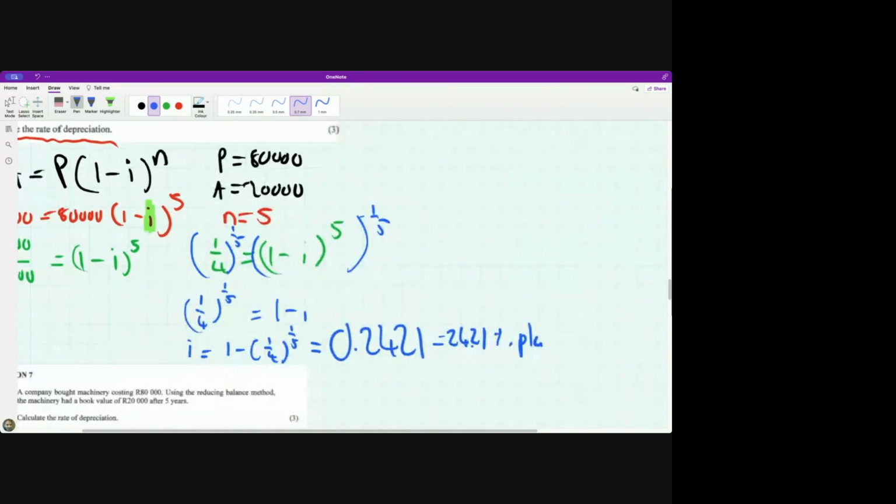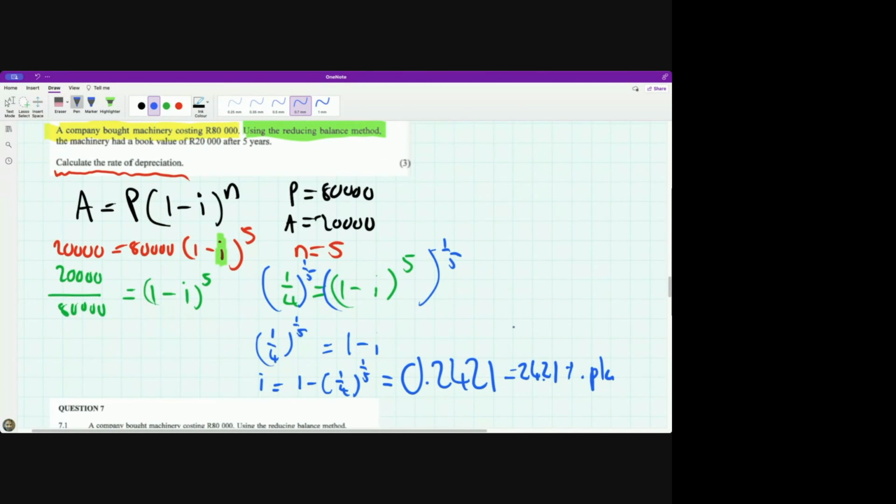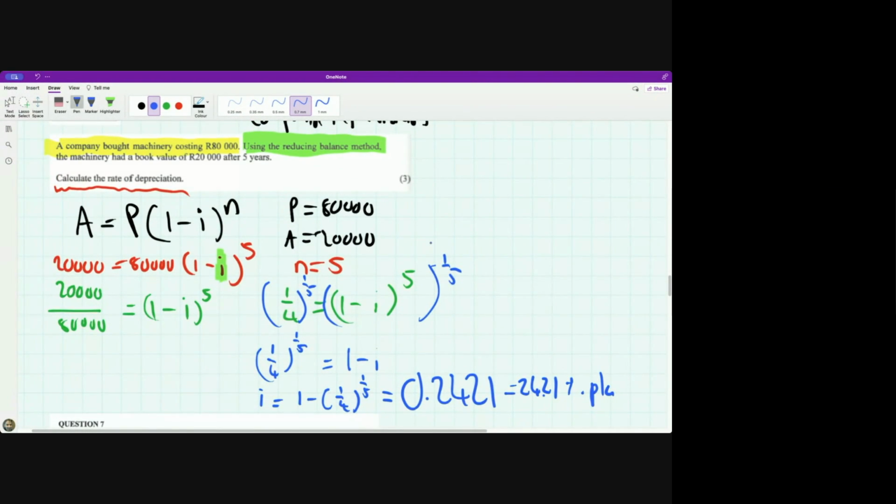Now, what that means, because it's depreciation, is I'm losing 24.21% of value for every year that goes past. Give me a thumbs up if you followed that one, or give me a thumbs down if I went too quickly on that one. Or thumbs up if you followed it and you were okay.